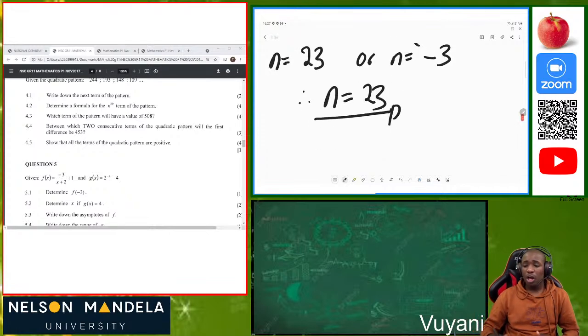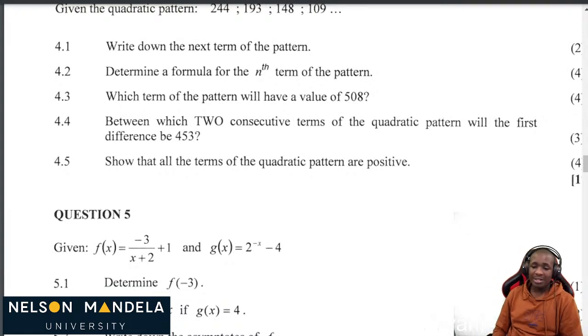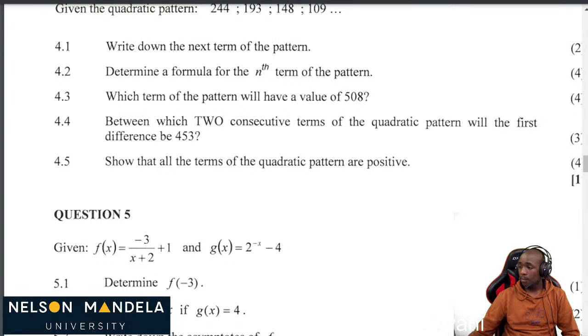So since you have been able to conceptualize that this is what I have, and this is the real scenario which we're going to apply. Now we are going to 4.4. This is where you're supposed to get some marks. 4.4.